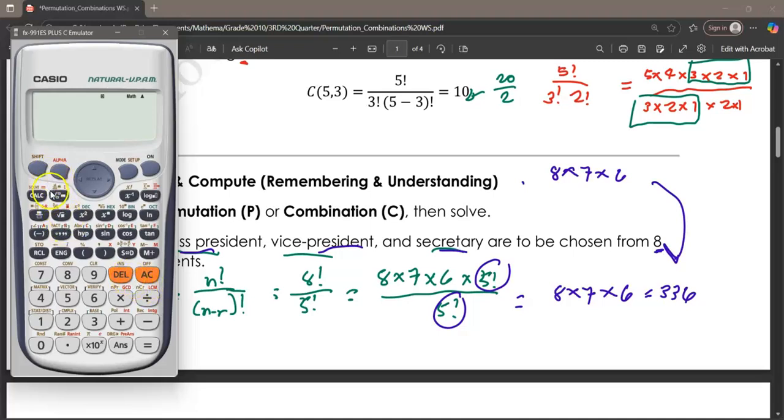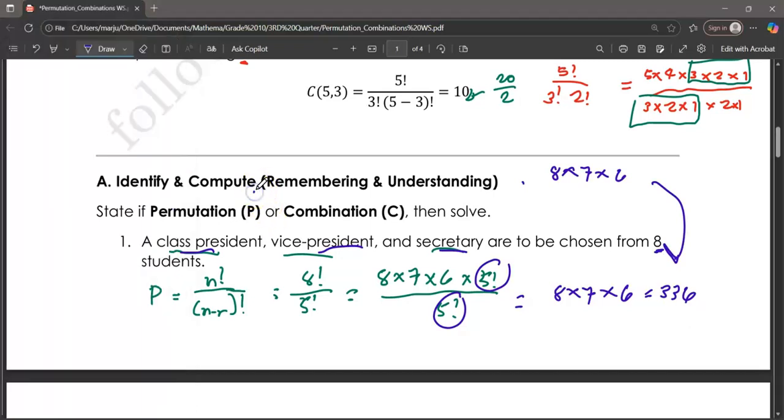So what you're going to do is press shift, then 8, then shift P, and then we are choosing 3. So 8P3, click the equal sign, and that should give you the same answer, 336. Let's do number 2.